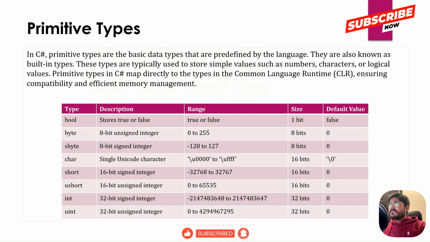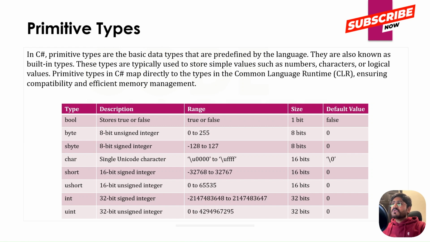In another way you can say, these are the data types which are defined under a particular language. They have some ranges and some default values. In terms of non-primitive types, they would not have default values or ranges. So let's take all these data types one by one.